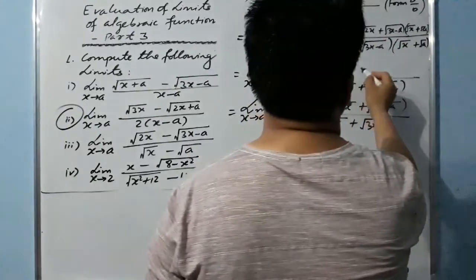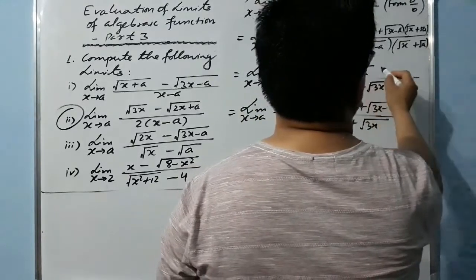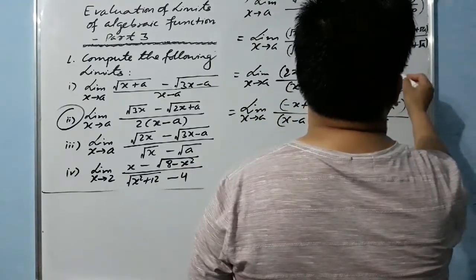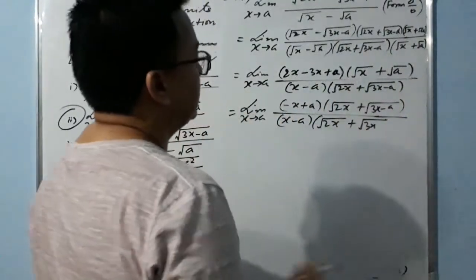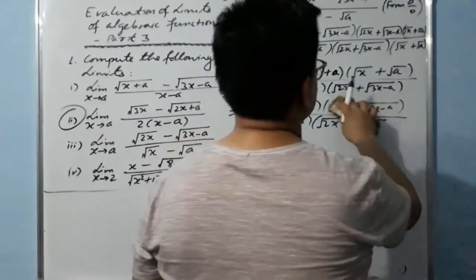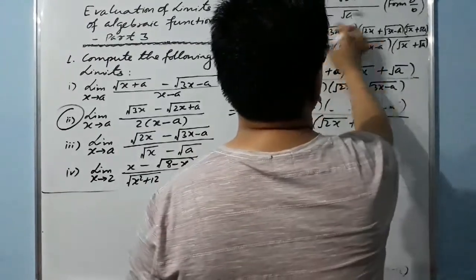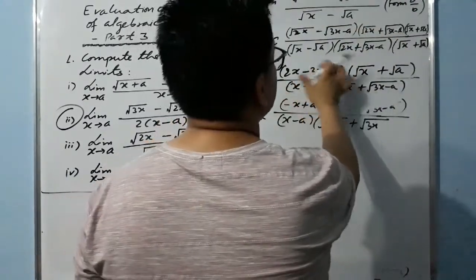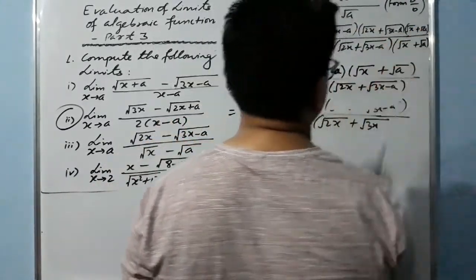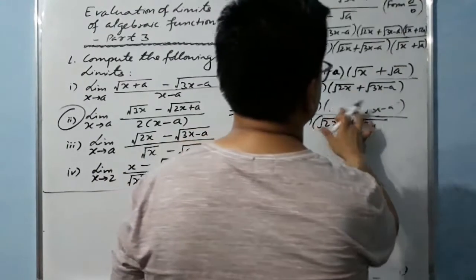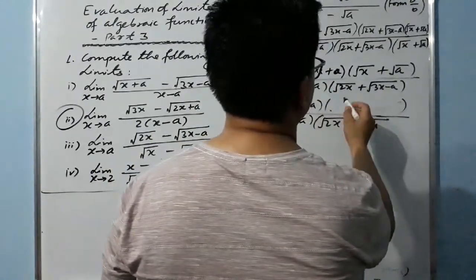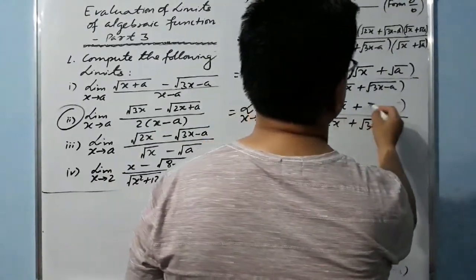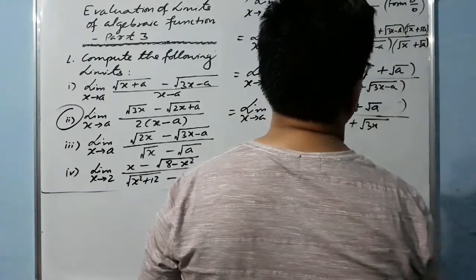We have applied the formula here, and it's going to come here: root x plus a. Now it's alright, because we applied the formula here. These two simplify to this expression, and this one we will write as it is, and here also root x plus root a.